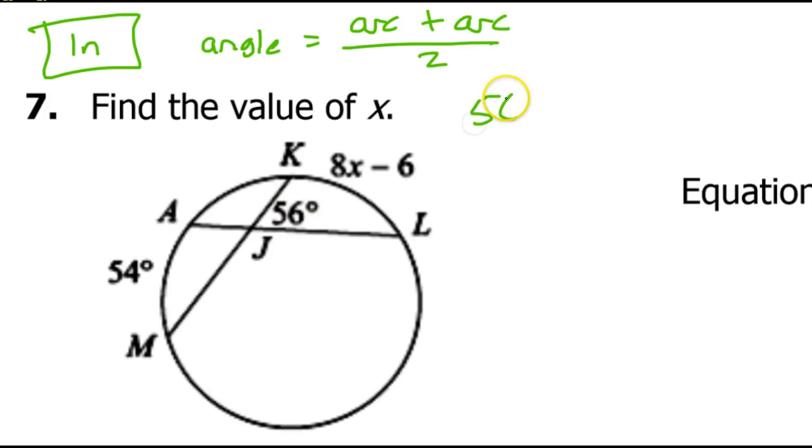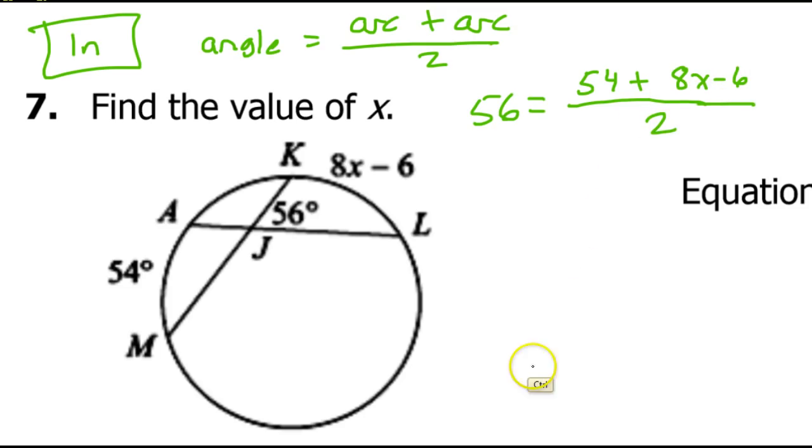So I have 56 is equal to arc plus arc. One arc is 54, and the other arc is 8x minus 6. So I have that divided by 2.